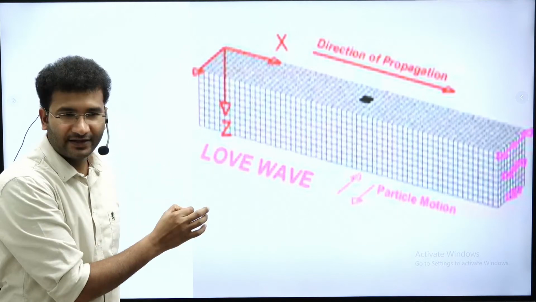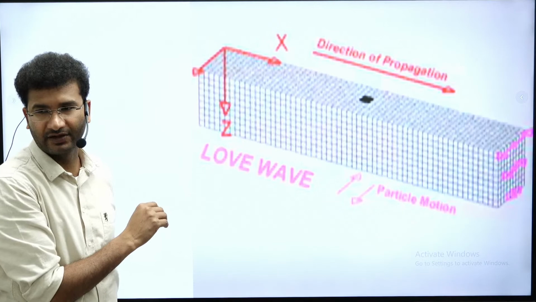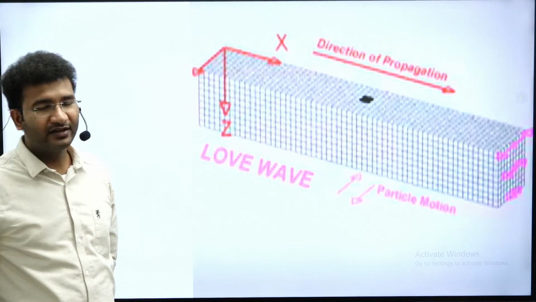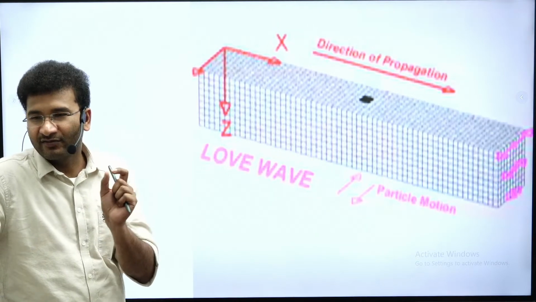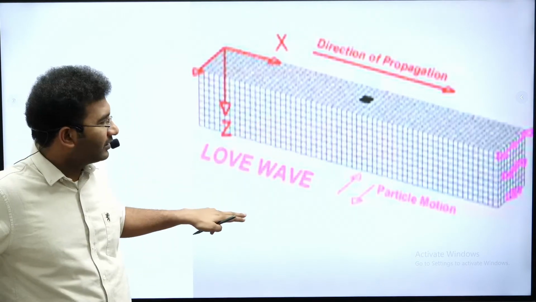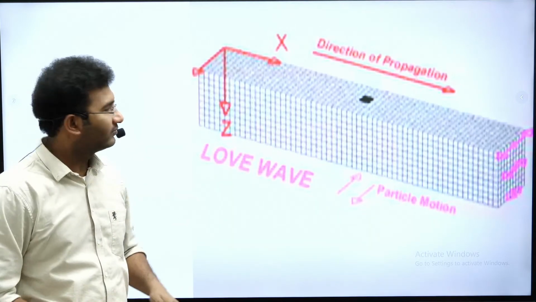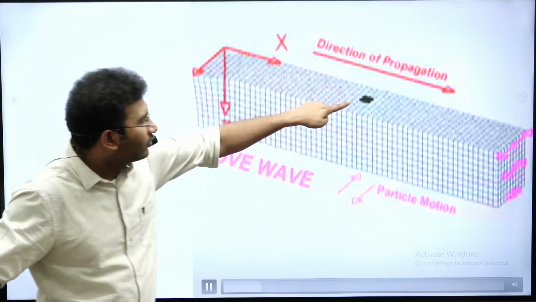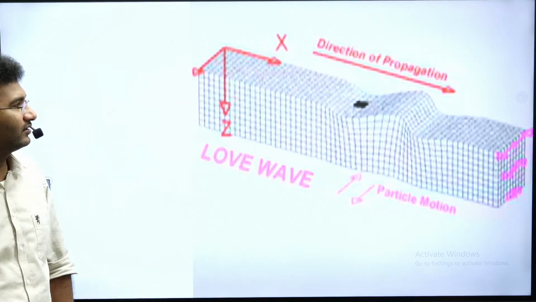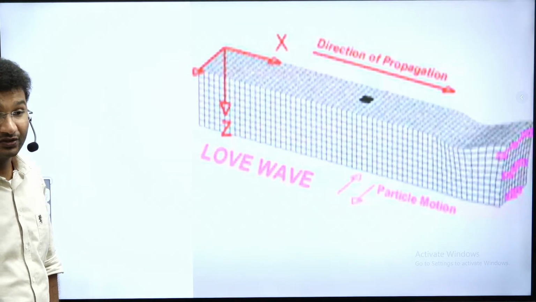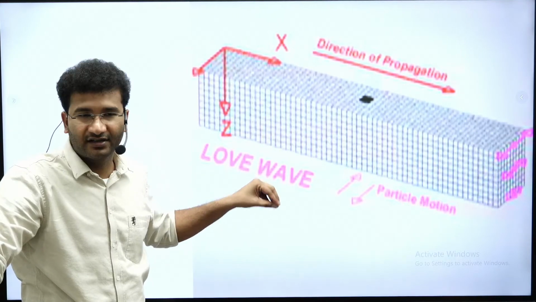And L waves are also called snake-moved waves, or snake-movement-like waves, right? If you read the advanced books, there will be a small column written there about snake waves. It is nothing but these, because their particle motion is in the opposite direction, right? Look at this dot. It moves in this direction and it again comes back to the different direction. So that's why these kind of waves are very, very dangerous, and these waves travel on the surface.